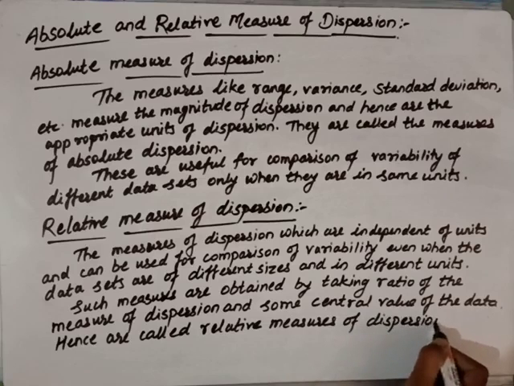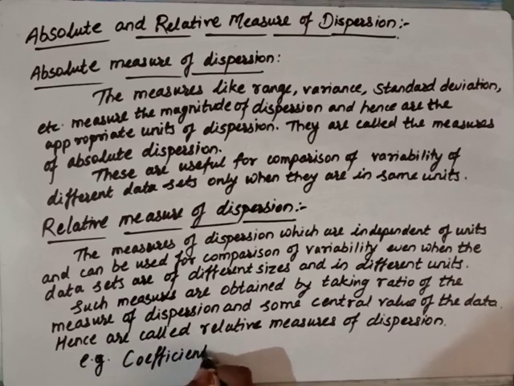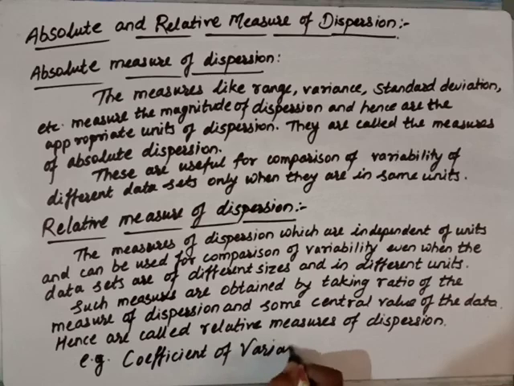Now, the very best example of a relative measure of dispersion is the coefficient of variation. Now, in this chapter, which measures of dispersion do we have to learn?